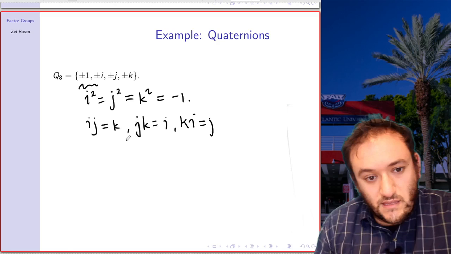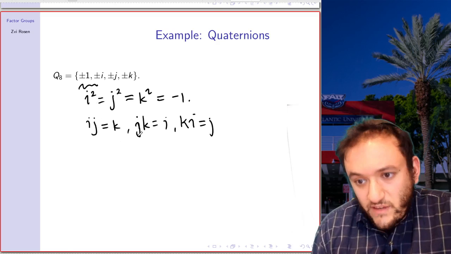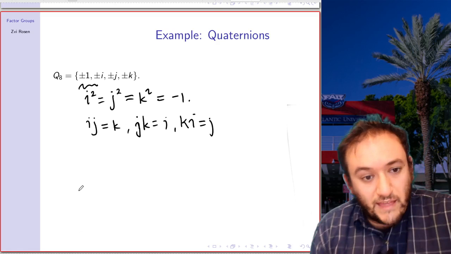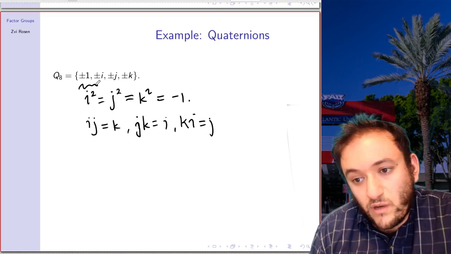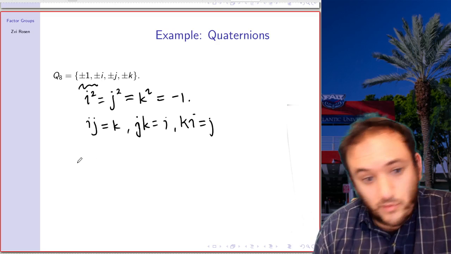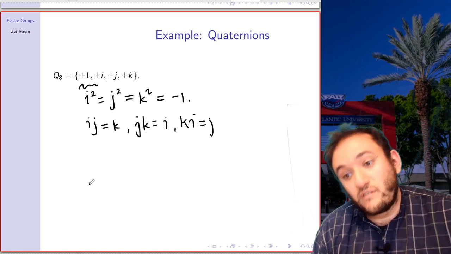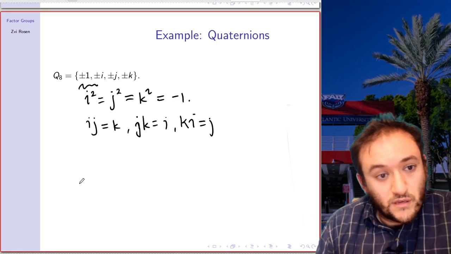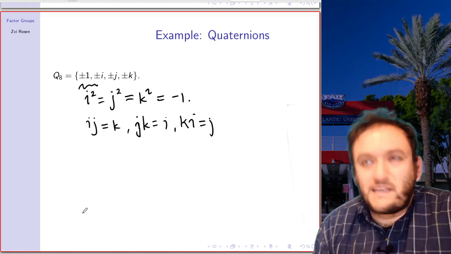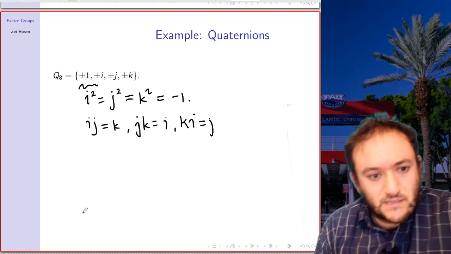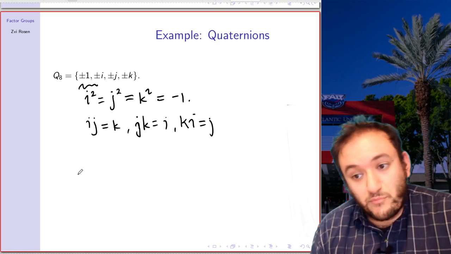So this defines multiplication on the quaternions, and any one of its elements generates a subgroup. In turn, every subgroup is cyclic. The whole group isn't cyclic, but every proper subgroup is cyclic.